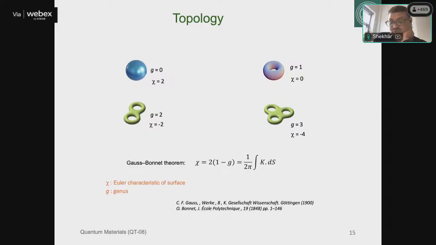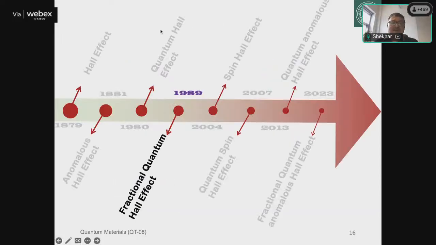That is related to topology, but this is not our interest. Our interest is to see the further fractionalization of the quantum Hall effect. In the previous quantum Hall effect, we apply more and more magnetic field in a pure material.